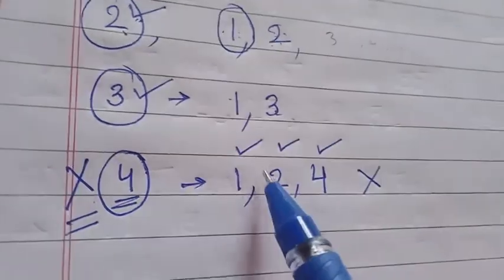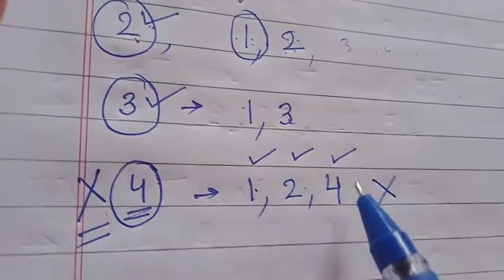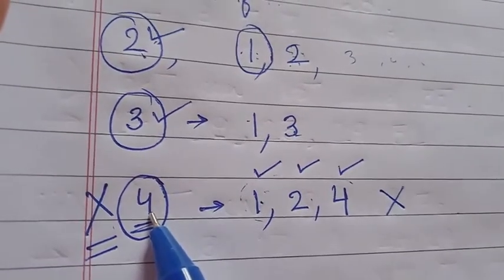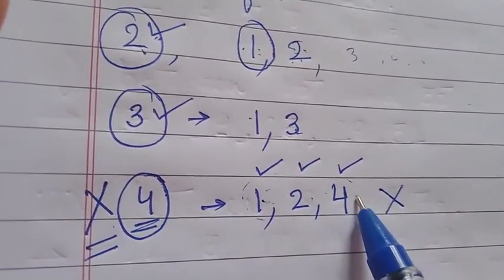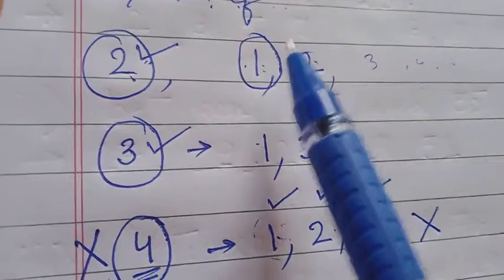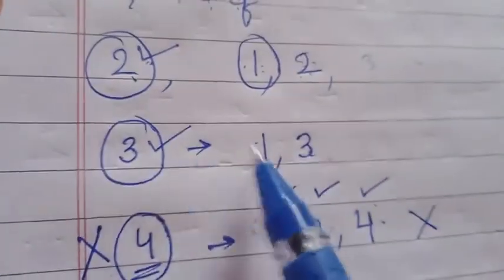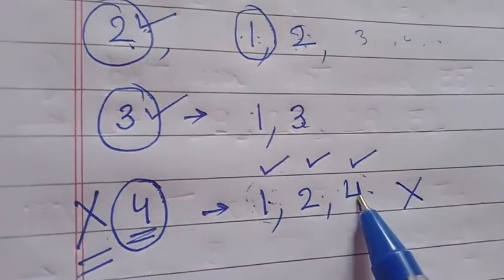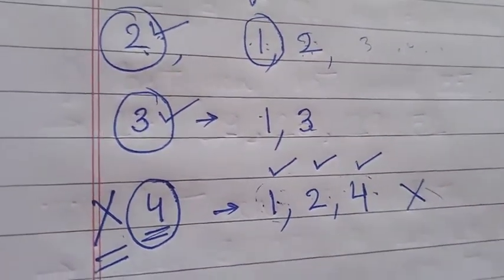Why? Because 4 is divisible by more than 2 numbers. In the prime case you can see 1 and the number itself. In case of 4 it is 1, 2 and 4. So it is not allowed.